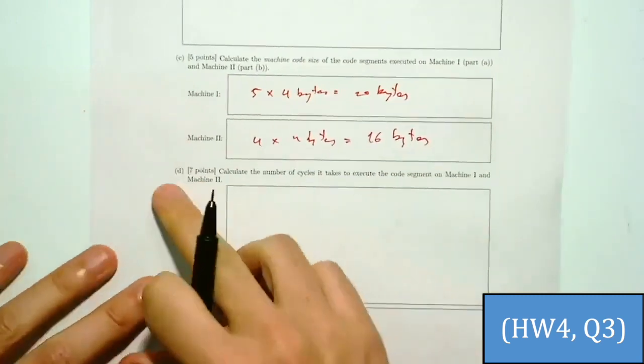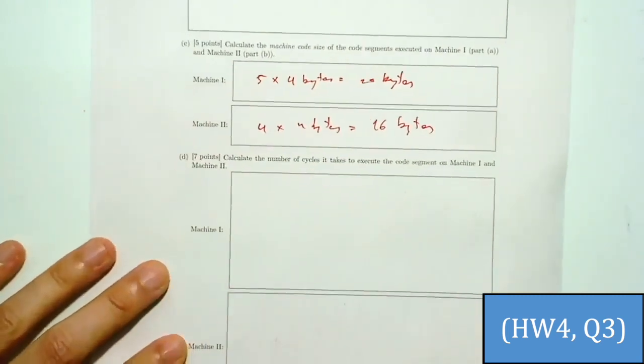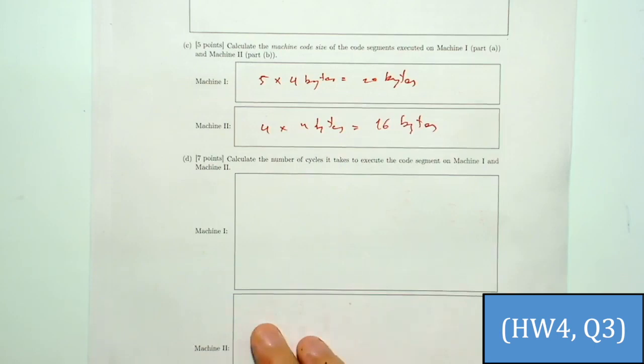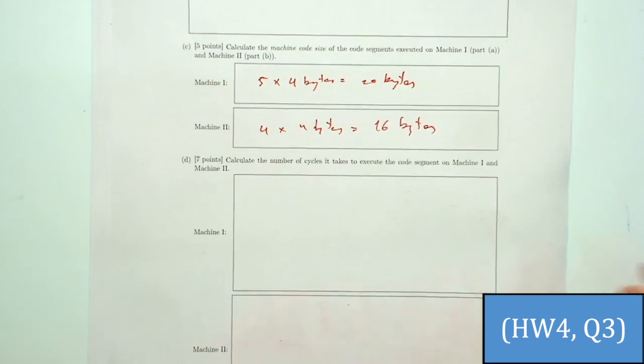So point D. So question? Yeah, isn't that a loop? So don't we have to multiply? Would the compiler write? No. This loop is executed dynamically, right?